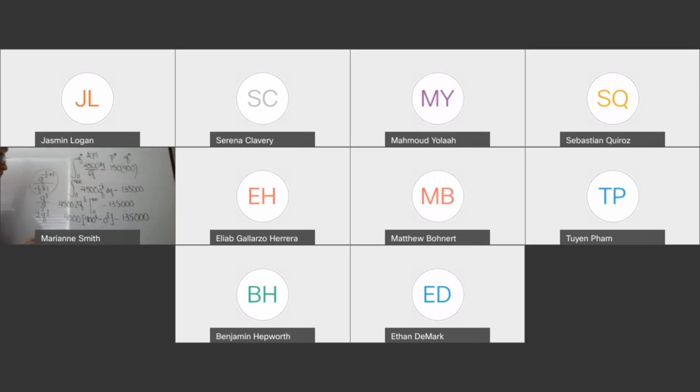Looks like it's okay. So if I evaluate this, I'm taking the square root of 900, that's 30. This is a 0. I'm multiplying these two together, 30 times 9,000 minus 135,000. When I do that, I get 135,000.